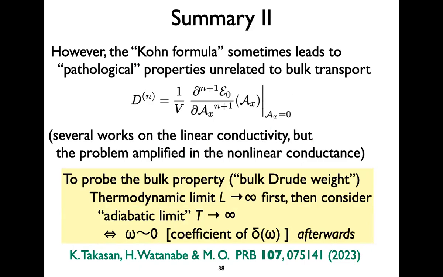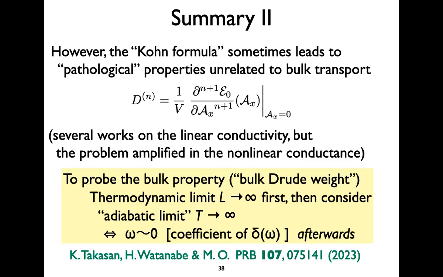And actually, when we look at the literature of the linear response, the importance of this order of limit is mentioned in some literature, but as far as I know, the difference has not been so much worked out. And also, in linear Drude weight, there is no divergence.